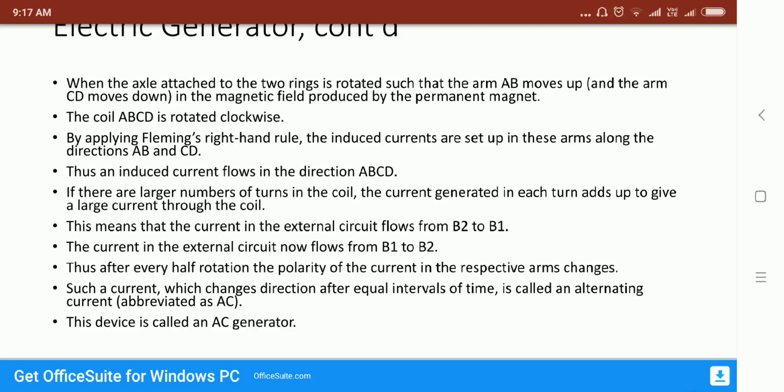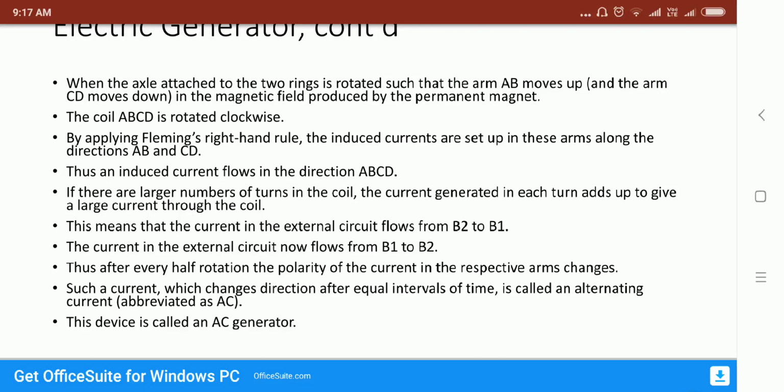With this, after every half rotation, the polarity of the current varies in the respective arms. Current in the external circuit flows from B2 to B1. In the next half rotation, current moves from B1 to B2.